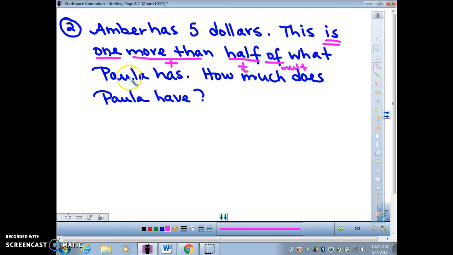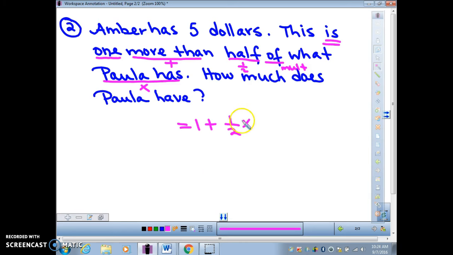And what Paula has, well, we don't know what she has, so that's going to be our variable. We can call it n or we can call it an x. I think I'm calling it x this time. Okay, so we've got something is equal to one more than, that's 1 plus, half of, 1/2 times x, half of what Paula has. So 1/2 times x, that's how we write it.